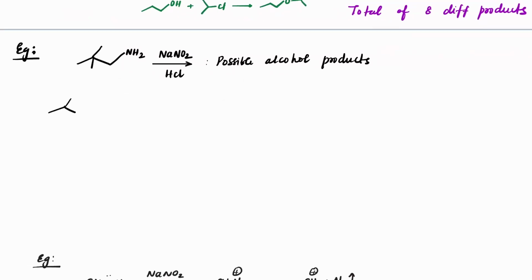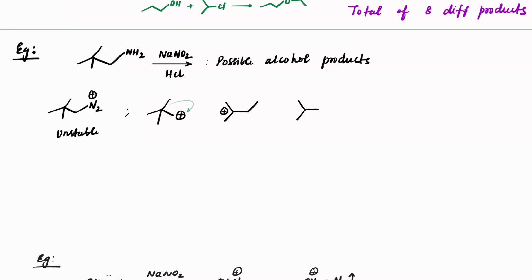So what we can do? First, I'll convert this into N2+ diazonium salt, which is highly unstable. So that will convert into a positive charge here, which on methyl migration will convert into a carbocation here, correct?